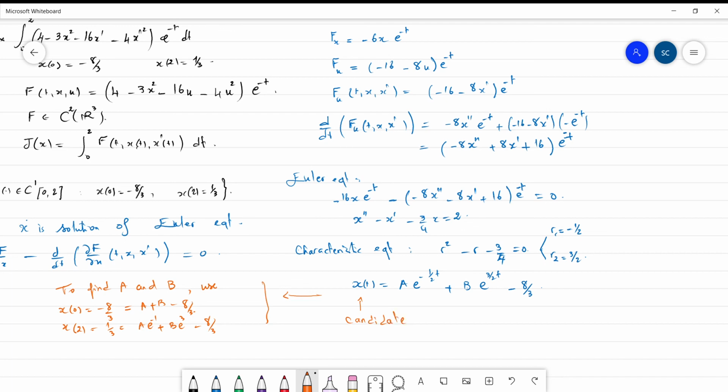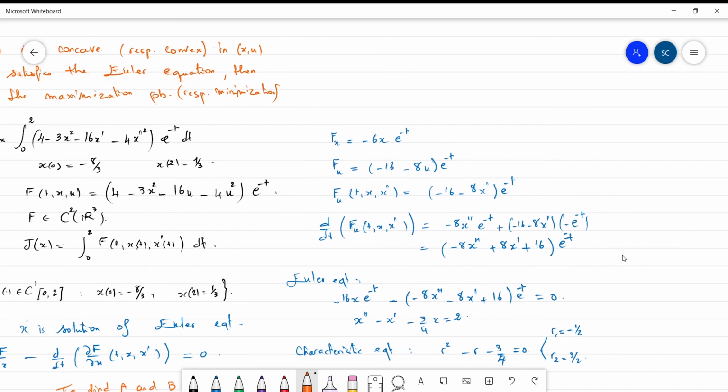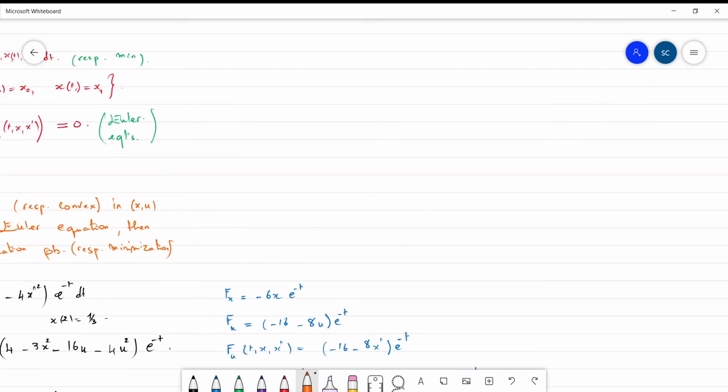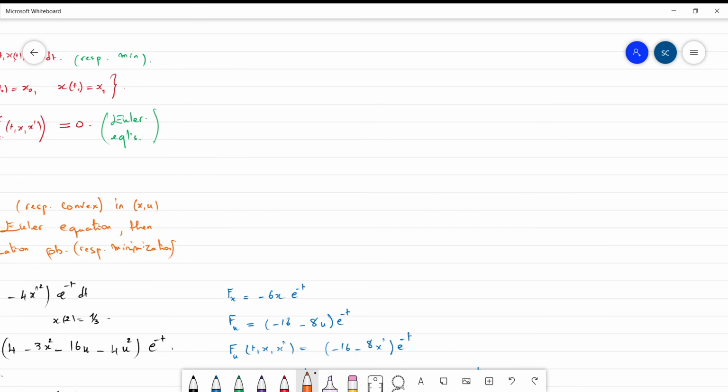To check that it is a solution, we need to check the concavity of f in (x, u). For example, I can use the Hessian of f.